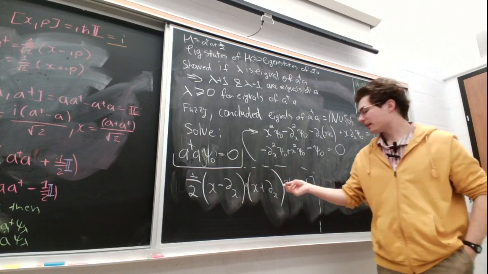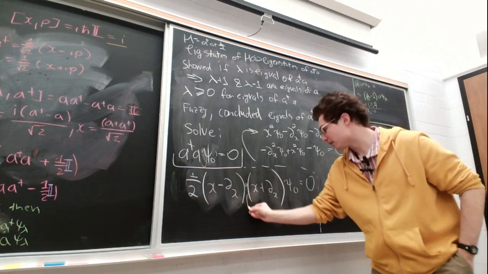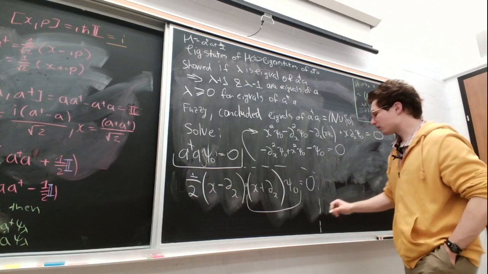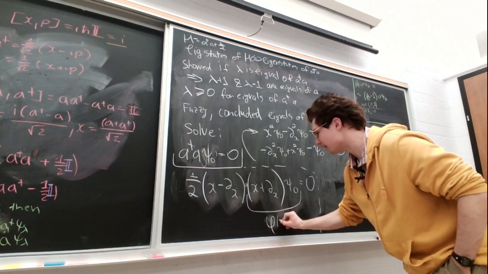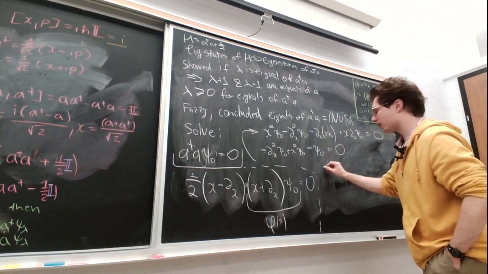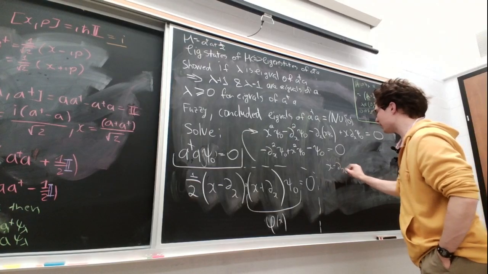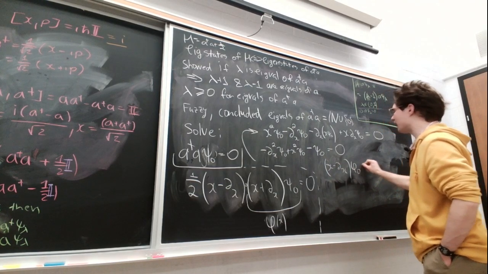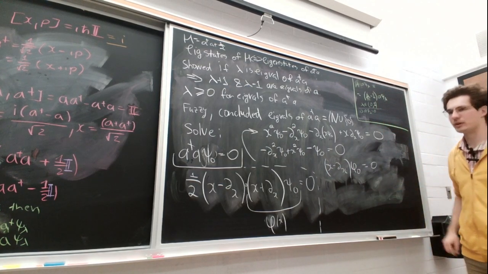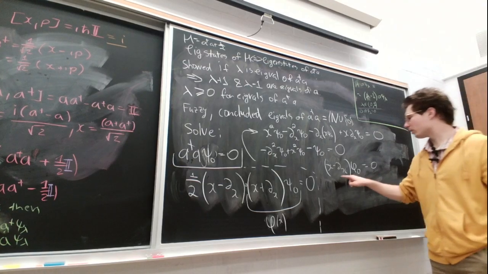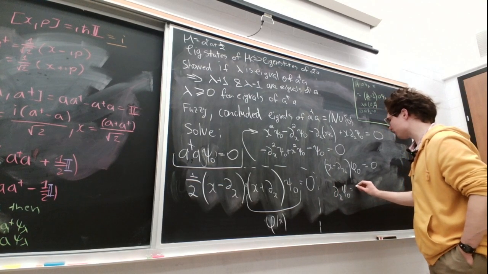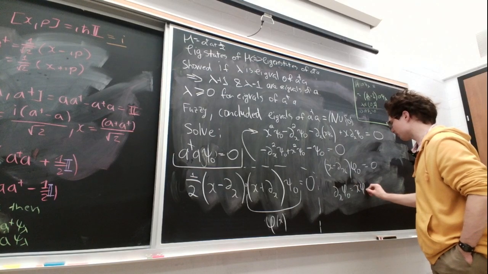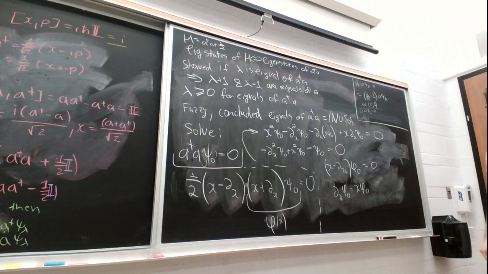This means that this has to send this to 0. Do you agree? Okay, so let's relabel this as phi of x. Let's solve x minus partial x applied to some phi is 0. This is the right way to do it. So this just means partial x of phi naught is equal to x phi naught. Do you agree? But what function does this?